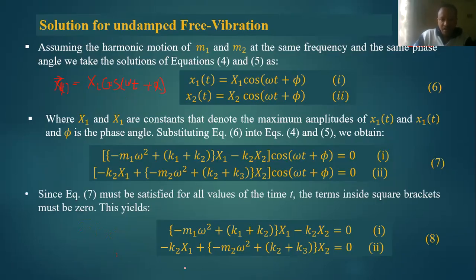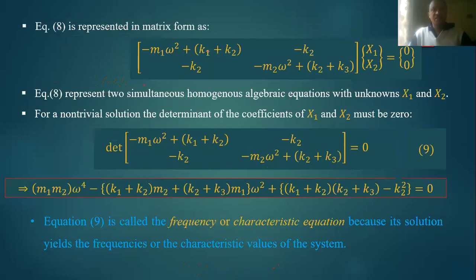Simplified in matrix form, we can represent it as the M matrix, which is diagonal, times X double dot, plus the K matrix times X, equal to 0 in matrix presentation.